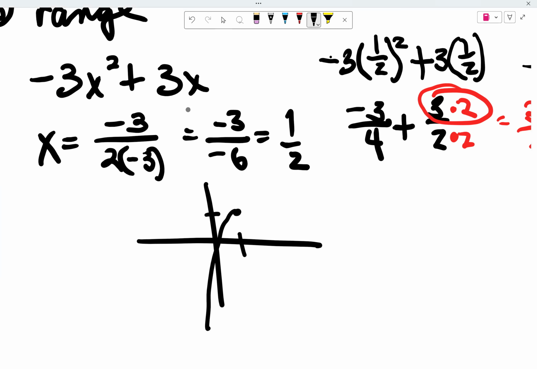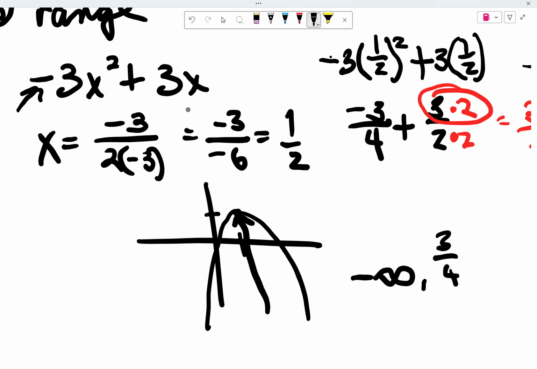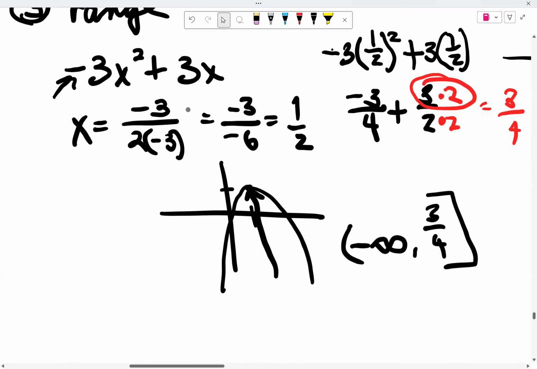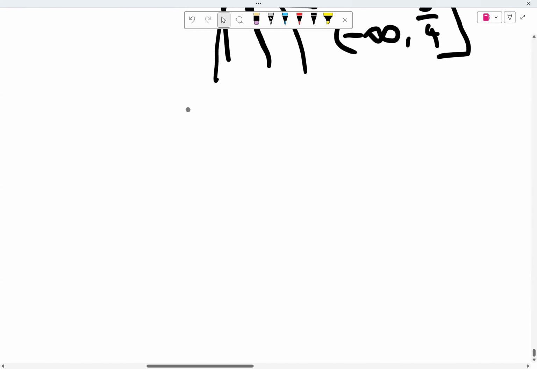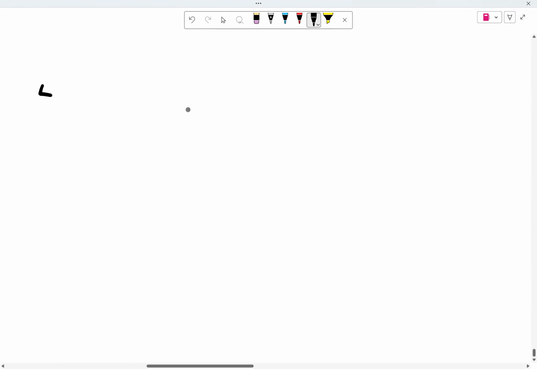This parabola is facing down because this is negative. So we come from negative infinity, from the bottom up to that point, and this is going to be comma 3 over 4, but this is inclusive. The infinity side is always a parentheses. Okay. Question number 4.